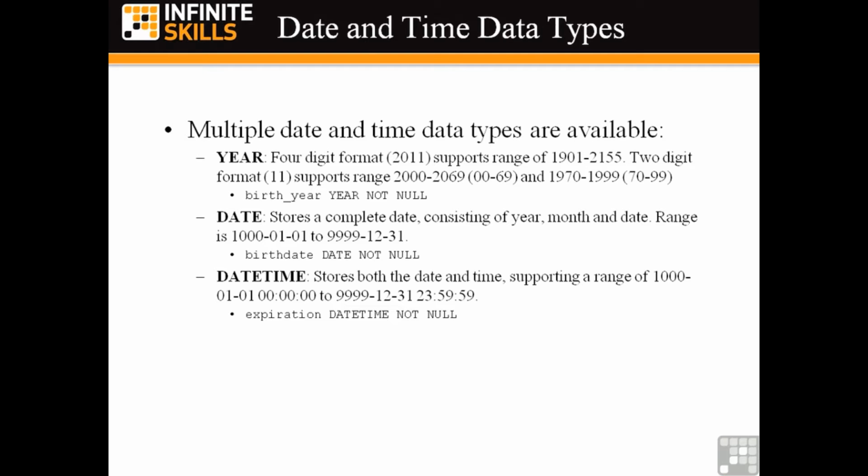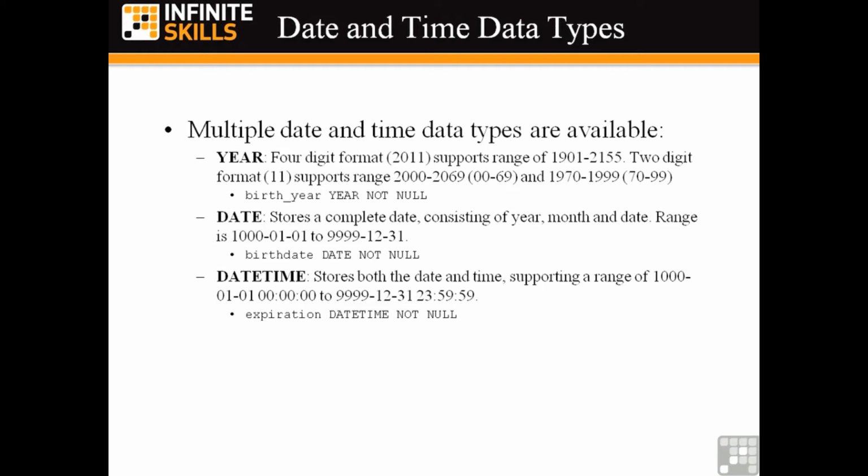So the example here shows a column where we might be running a special for a particular product that we're selling, and it's going to expire at a very specific date and time. So October 31st, 2011 at 6 p.m. So we could use the datetime to identify the very specific expiration date and time, and again, set it to not null.